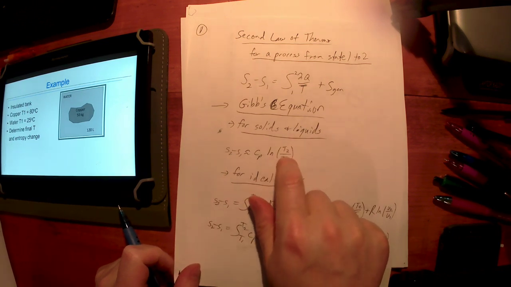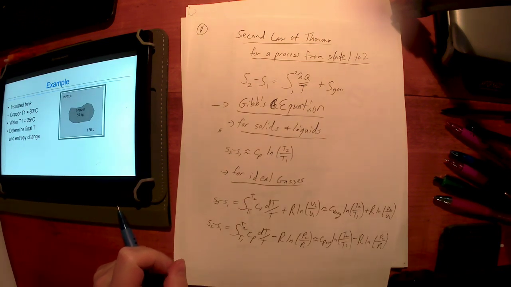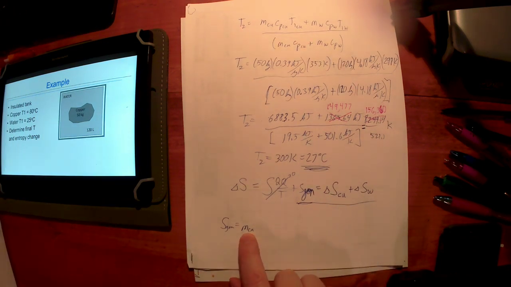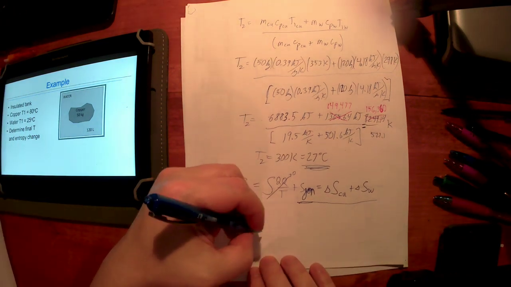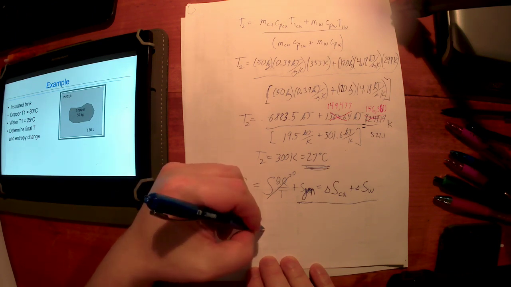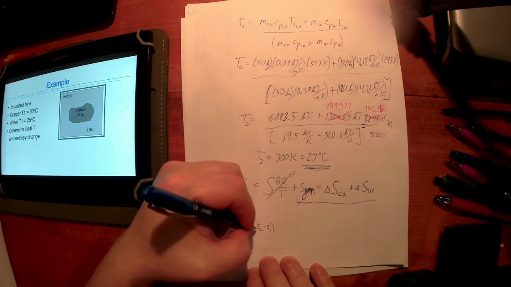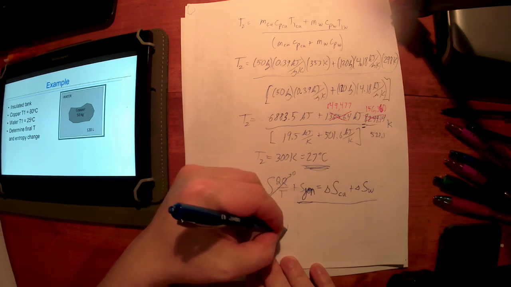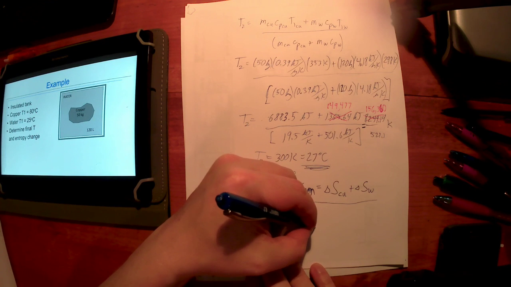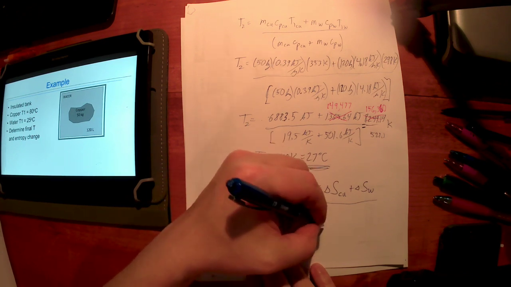Make sure you use absolute temperatures there, Kelvin or Rankine. Well, I need to know the total big S, so I'm just going to multiply by the mass to get there. So mass times little s2 minus little s1 for the copper, plus mass of the water times little s2 minus little s1 for the water.